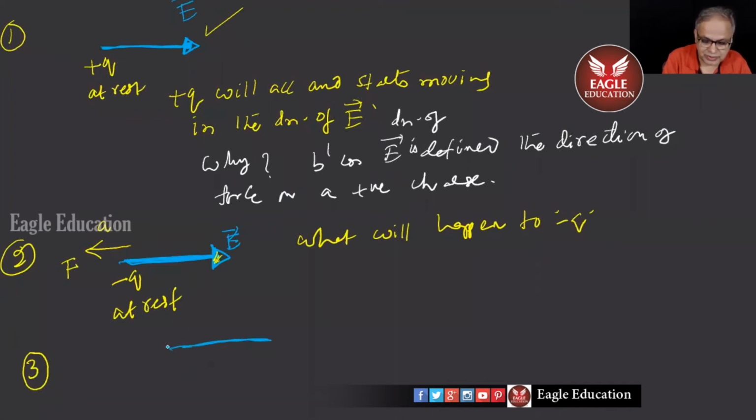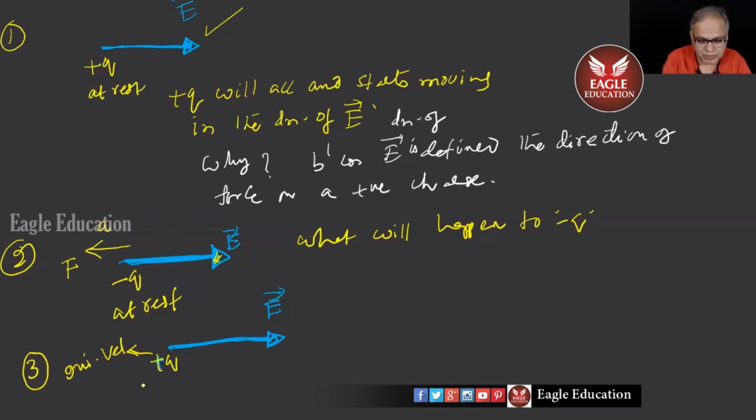This is E. See, when I'm showing this E, children, I'm not showing who is forming this E. I don't require to. Now, I will project plus Q like this with some initial velocity. What will happen to it? I'll provide some initial velocity for this.